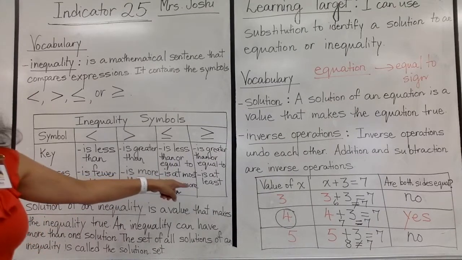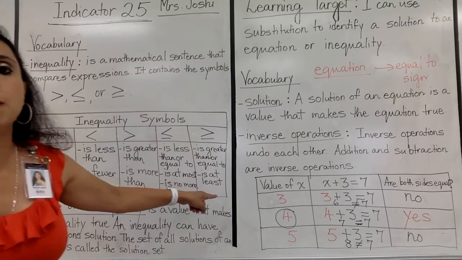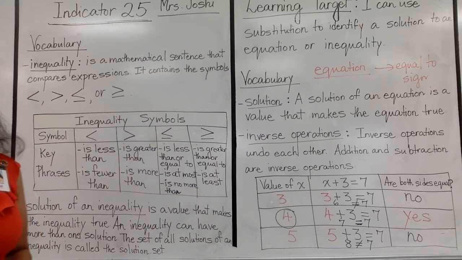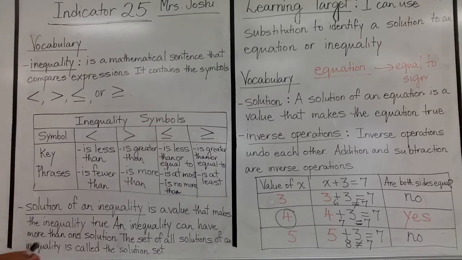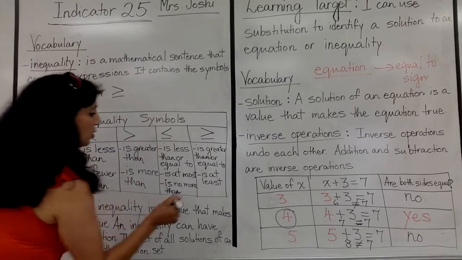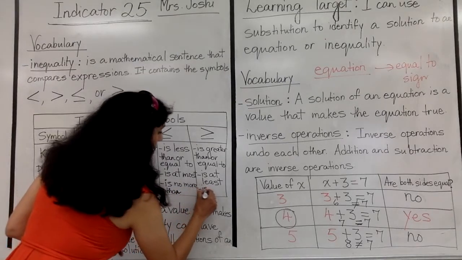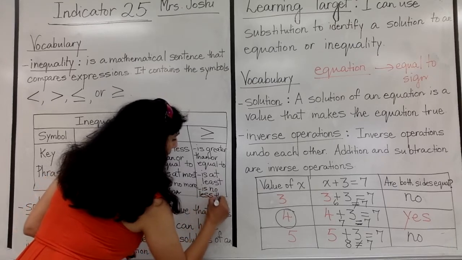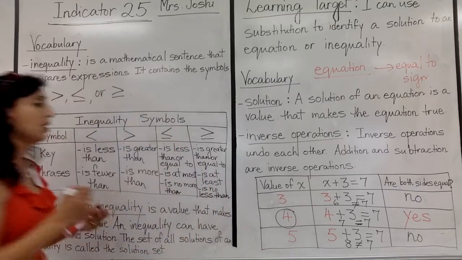If you're saying at most, the maximum you can be is 4 feet. If it's saying at least, the minimum you will be is 4 feet. And here we also have "is no less than."